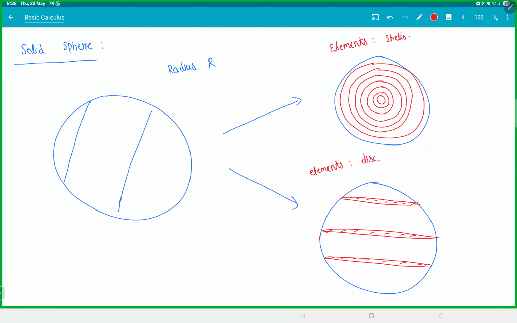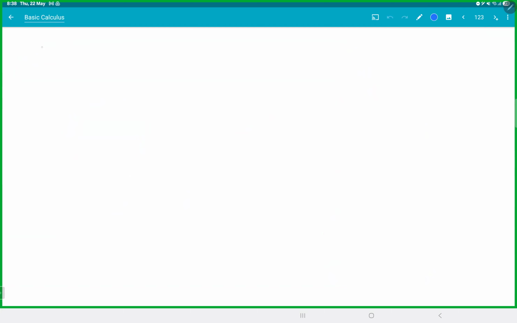So let's try to find the volume of this. Here it's like an onion, layers. Let's find the volume of a sphere.